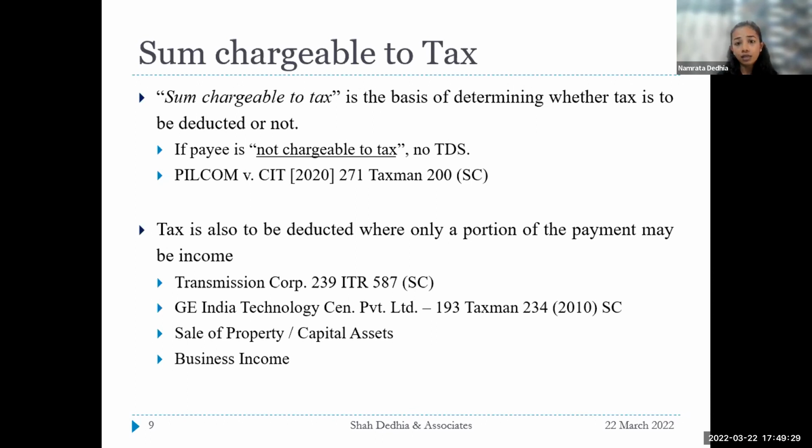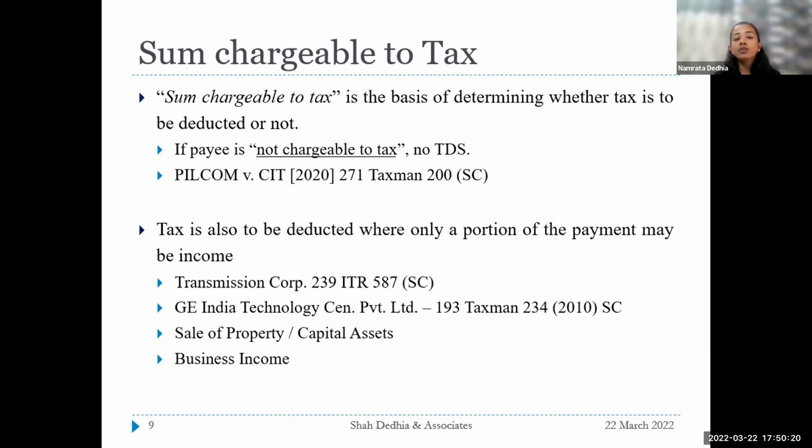The ratio of that judgment is that if the law requires that you deduct tax at source on a particular nature of payment, then you will deduct tax at source on that payment. Let the non-resident assessee, the payee, then file their return of income and claim that under the DTAA provisions, or because of a certain exemption, they are not liable to tax on that amount, and therefore whatever TDS has been deducted be refunded to them. So in Pilcom, the Supreme Court has bifurcated between the final tax liability and the TDS obligations, stating that TDS obligations have to be discharged without looking at the final tax liability in the hands of the recipient.